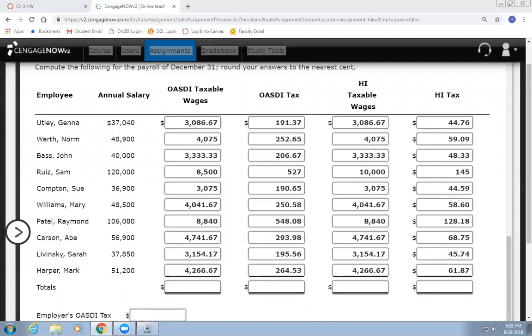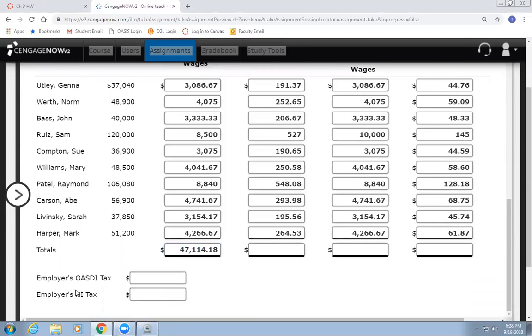Once you've got all of those in there, then you're just totaling everything. And I see they're going to be off a penny on this one too. I can see that already. So the total taxable wages for Social Security should be $47,114.18.